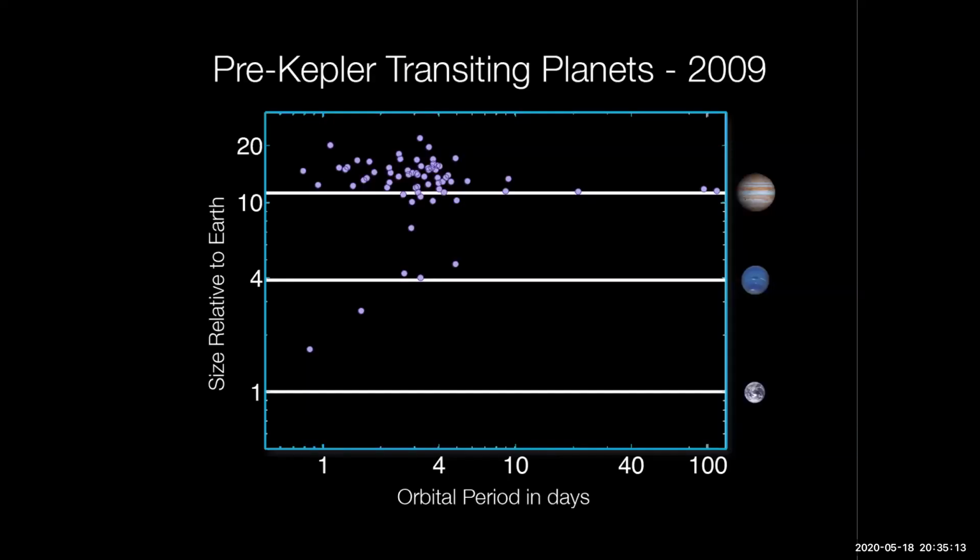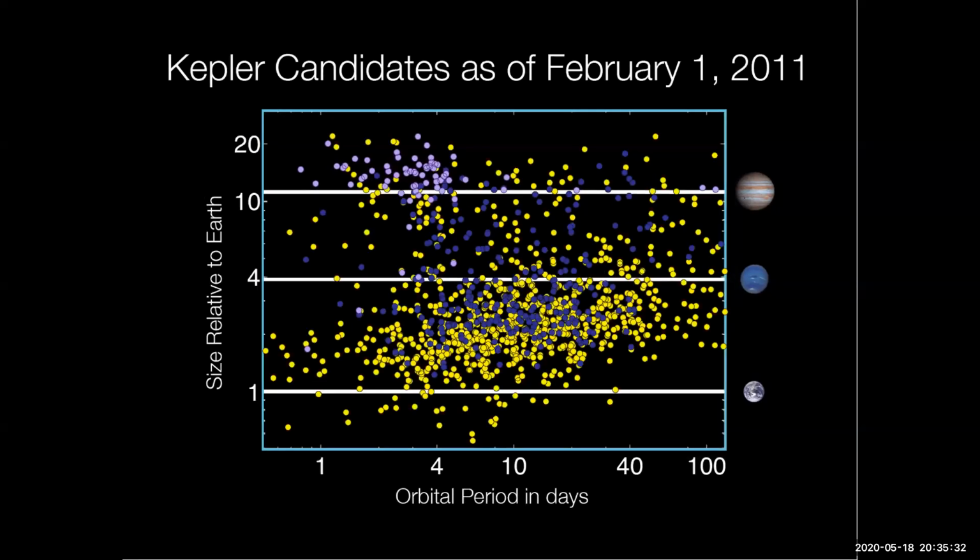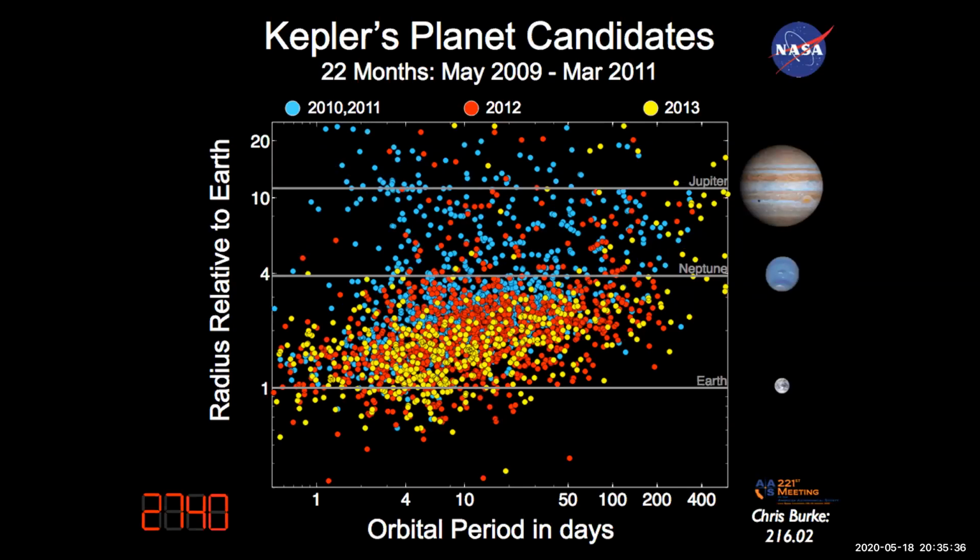So in 2009, before Kepler, here is the graph showing the known transiting planets, right? Not a whole lot. With Kepler by 2010, we've essentially tripled the number, and by 2011 and 2013, it's gone crazy, right?